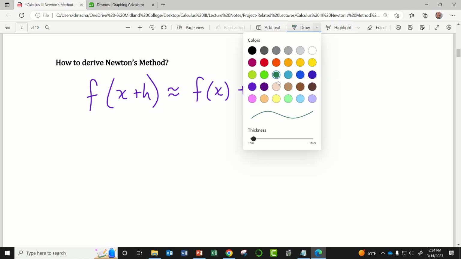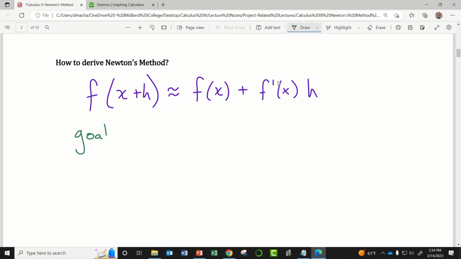Now, the goal of Newton's method is to find zeros of a function.